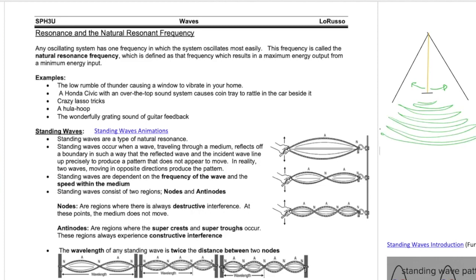If you don't get the timing right, the swing just won't oscillate the way that you want it to. So resonance is a specific frequency or frequencies at which the minimum amount of energy input produces a maximum output.